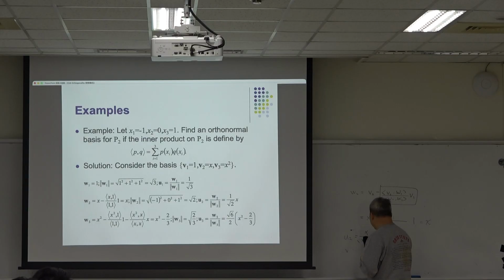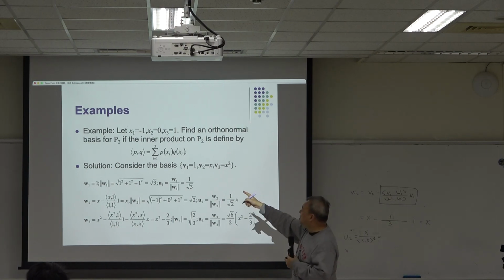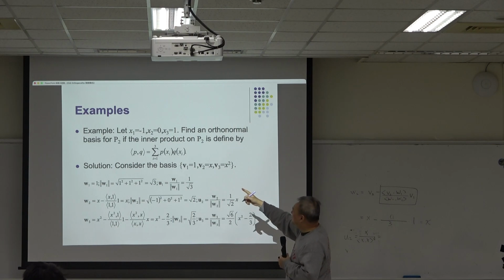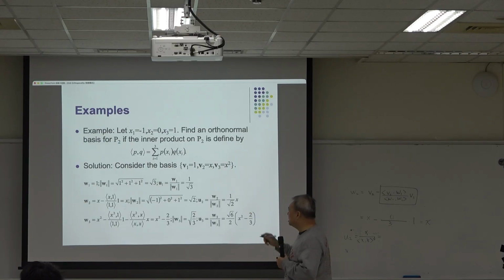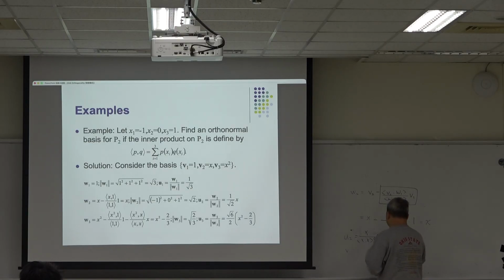The first one is 1, the second one is 0, the third one is 1, so the norm is the square root of 2. So it's going to be x over the square root of 2. So this is u2.